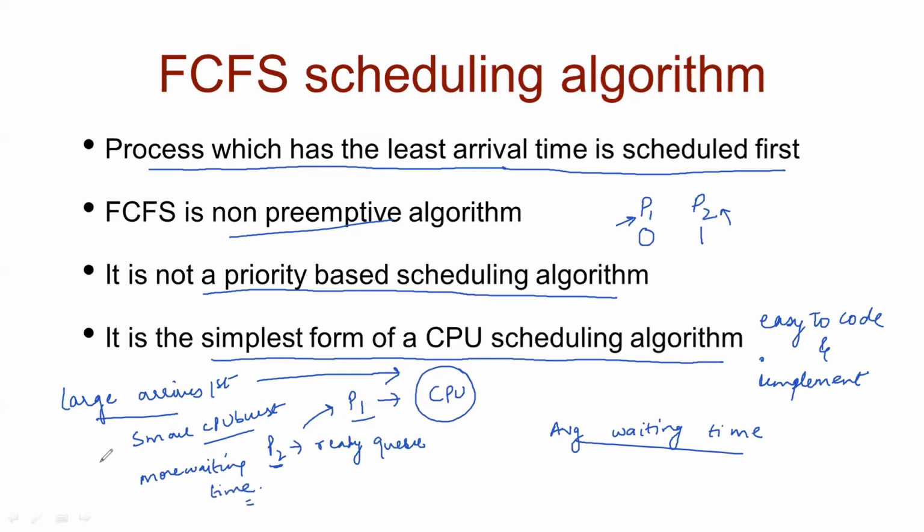So it greatly impacts the average waiting time. Average waiting time increases if the CPU is with some process which has a large CPU burst.